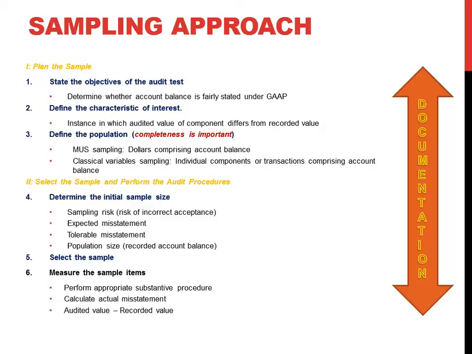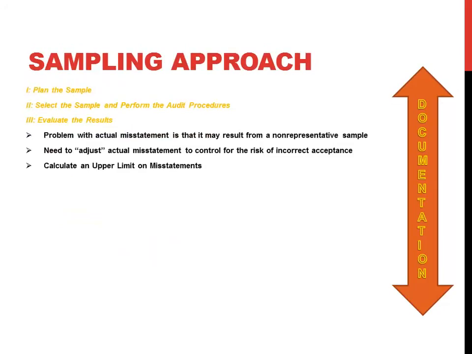Look at the audited value, which is the information that the auditor has gathered from the audit procedures that they performed, versus the client's recorded value, to analyze the misstatements, the amount of misstatement. In evaluating our results, the last part is, now we performed our audit procedures, so now we've identified where the recorded value differs from the audited value.